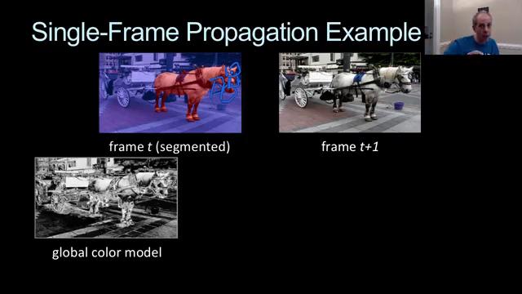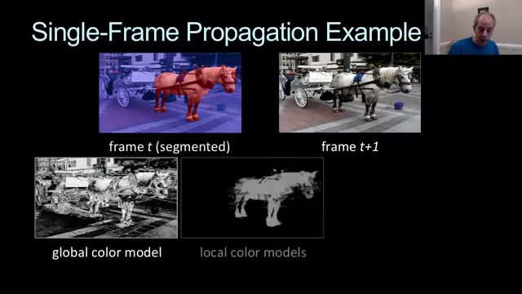Because they overlap, they share information, but everything is local. If we were to consider one entire frame as one block, there is so much variability in the colors that the distribution basically makes no sense, and we won't be able to segment the horse. If we use the local, this is what we are going to get already.